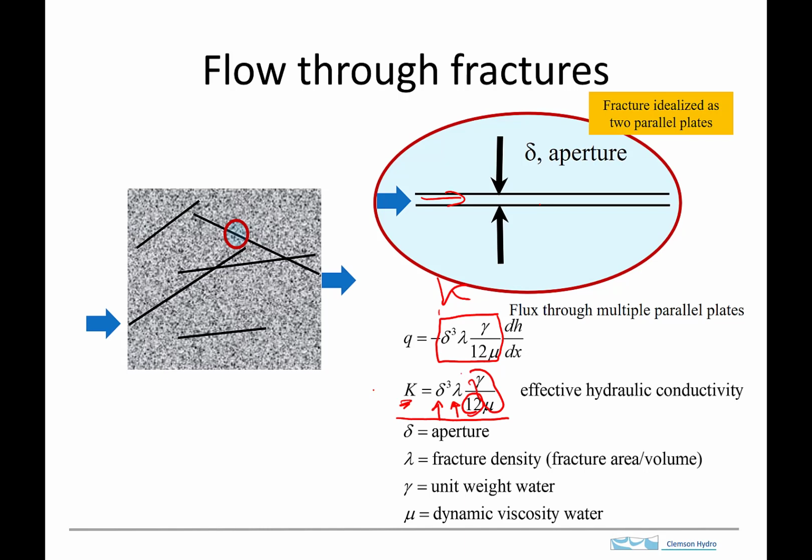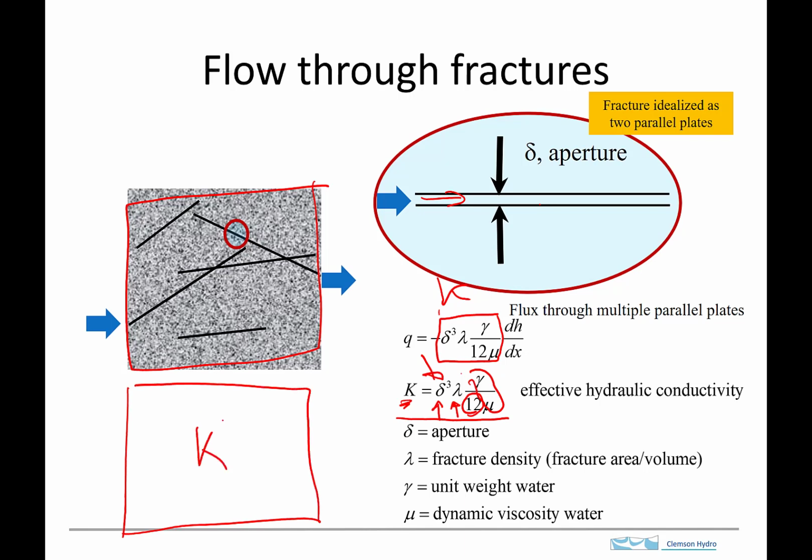And what that means is that if we're working with a fairly large region where the fracture system can be treated as a single fracture density, and we have an effective aperture here, then we can think of flow through a fractured system, shown by this rectangle, as having an equivalent porous media that's characterized by this hydraulic conductivity.